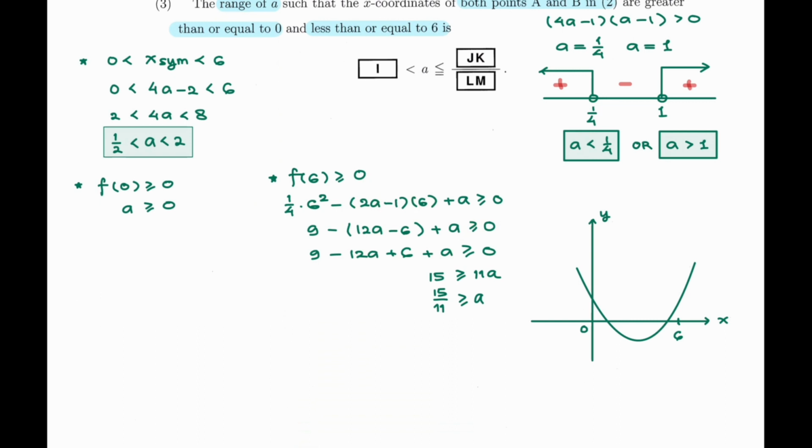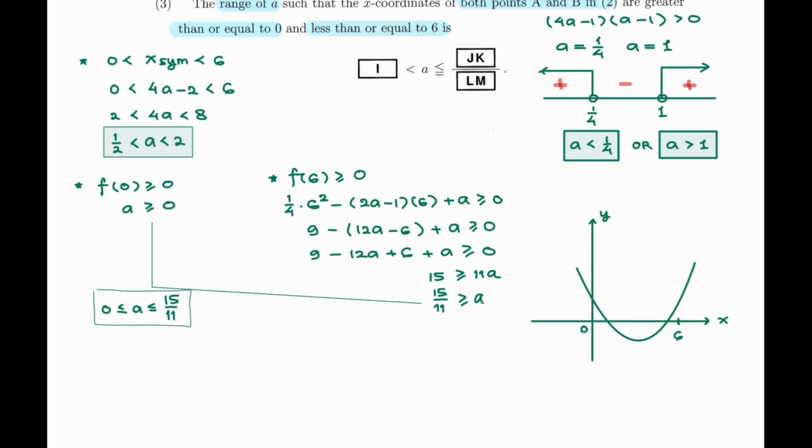So my second condition that must be satisfied for our graph to be like this is a must be greater than 0 but less than or equal to 15 over 11. So from this range of a, my second condition is 0 less than or equal to a less than or equal to 15 over 11.